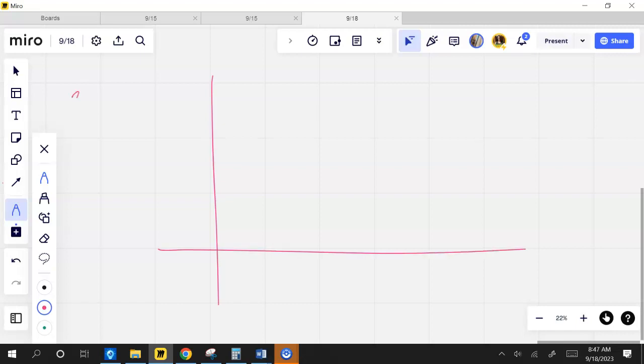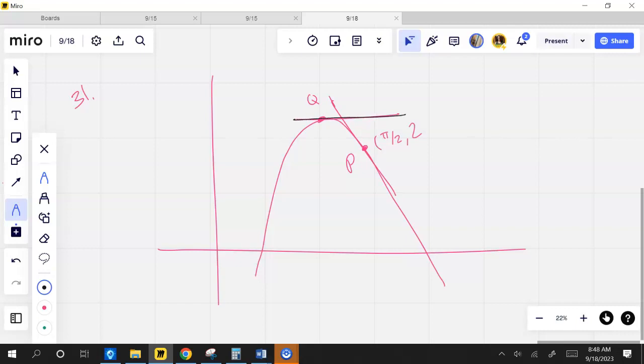This is 31. All right, that's a horizontal tangent. Obviously, these are supposed to be tan lines here at these points. This is 1.